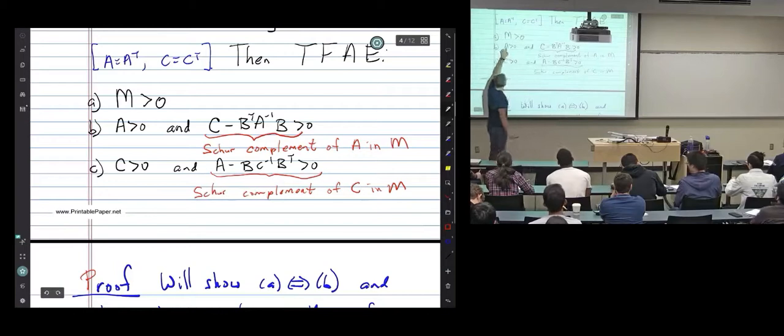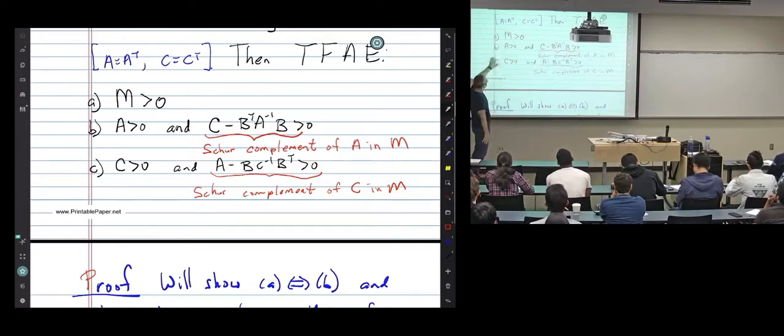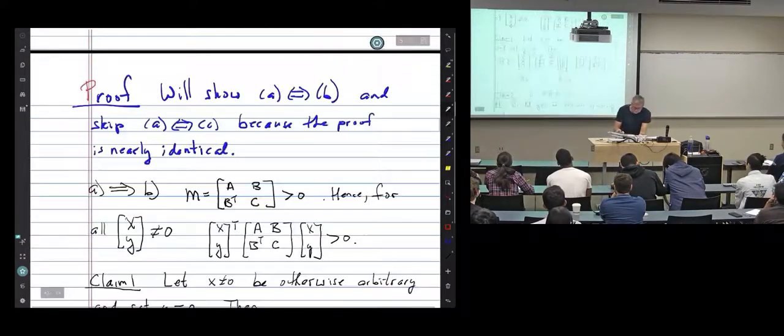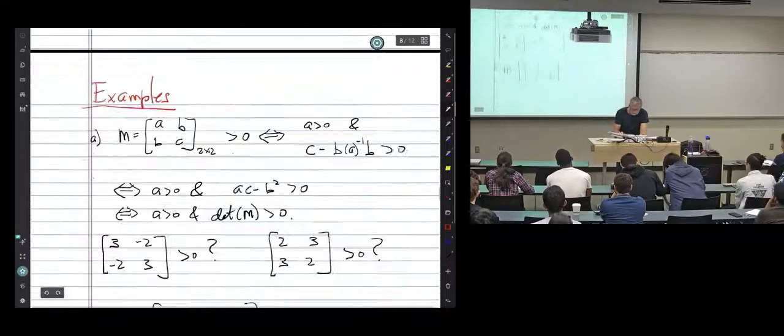You can check the upper corner, you can check the lower corner, and then you check the complement, okay? It's up to you, they're strictly equivalent. It's just that sometimes this is easier to check, and certainly sometimes one of these is easier to invert. That's the key part, okay? So that's all we have to do. Just make a choice here.